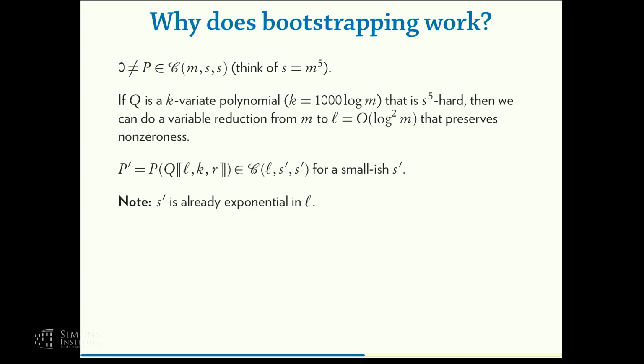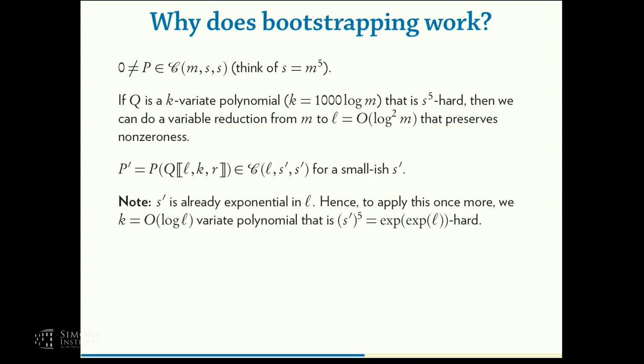And this feels like a problem, because in order to apply this again, I will need to find a hard k-variate polynomial where k is now going to be like log L, but then it has to be doubly exponentially hard in terms of k. This feels like a losing battle, because if you are doing this in the Boolean world, you can't hope for hardness that is beyond exponential, because every Boolean function on L variables will have a circuit of size at most 2^L.